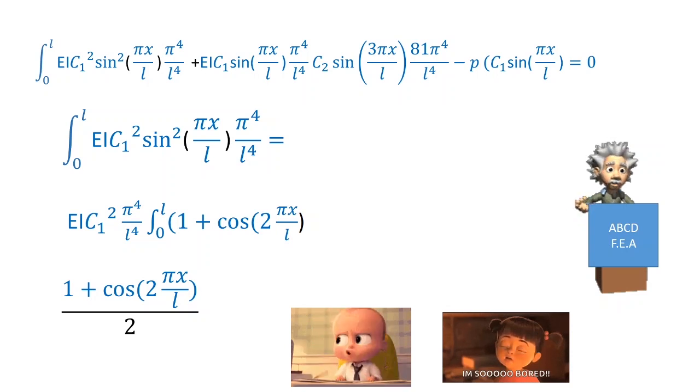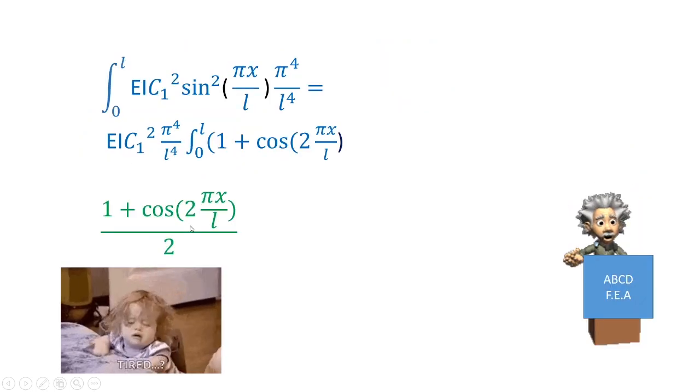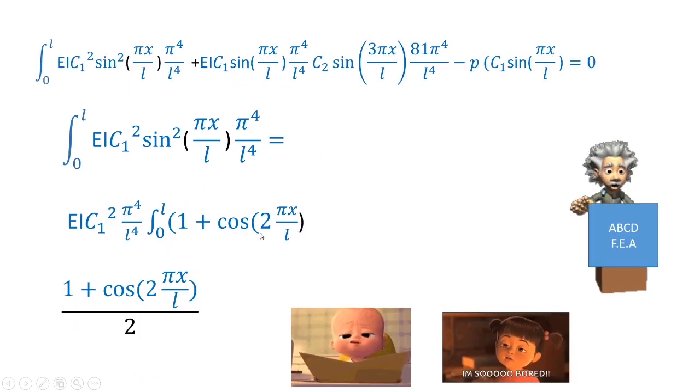Got it? Now c1 squared (π/l)^4 is a constant term, so it is out of this integration. I took it out, and I'm left with 1 plus cos(2πx/l). So we will try to integrate this.